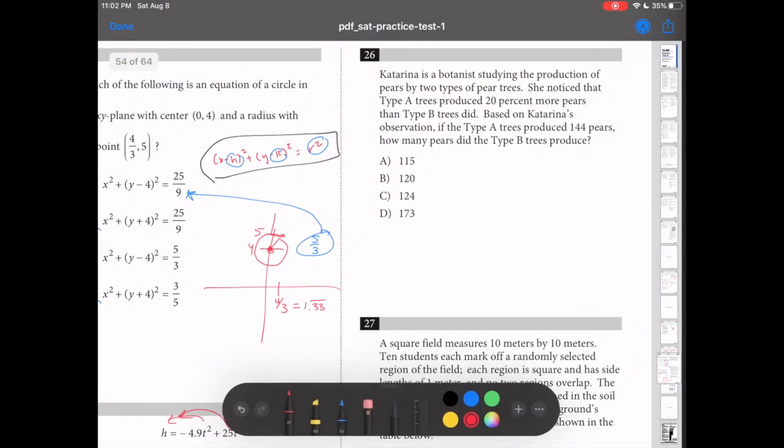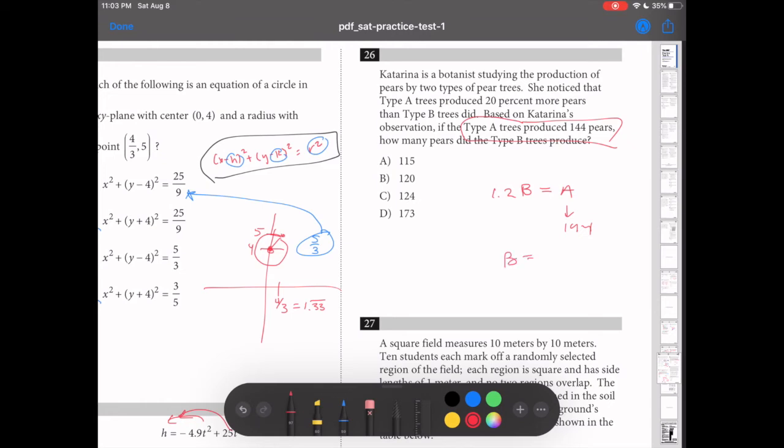Question 26. Katerina is a botanist. This is another percent type problem. A produced 20% more than B. So 1.2 times B should equal A. This is very simple. It's just plug and chug after this. A is 144.